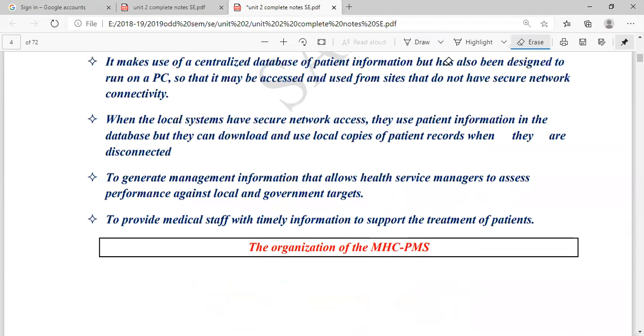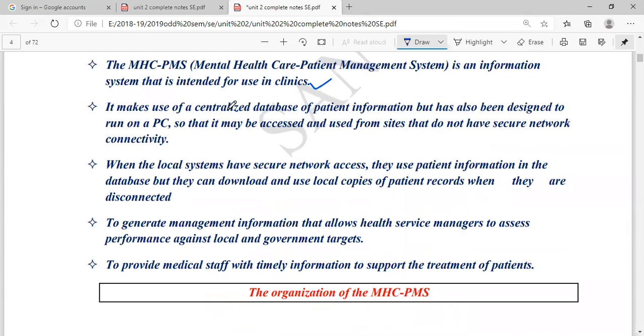All right. So it makes use of a centralized database of patient information, but has also been designed to run on the PC. As I told you, it is centralized, as well as they have to maintain the data records on their own computer also, so that it can be accessed on the local computer, and they can also export and import the data to and from other computers which are connected to this server.